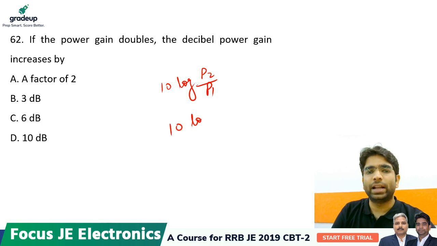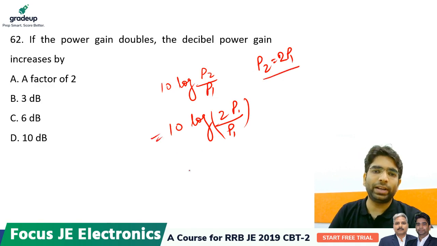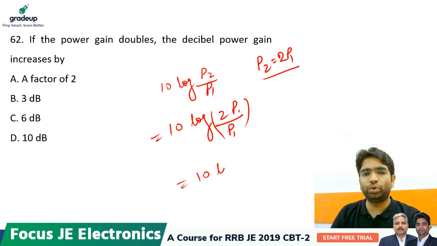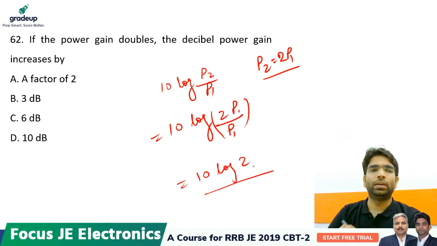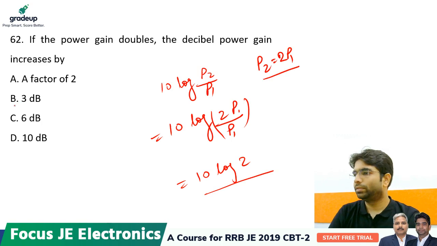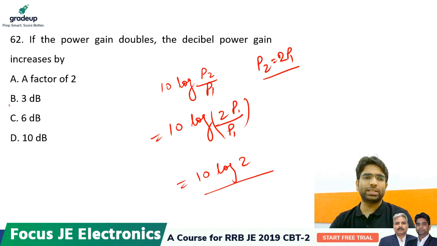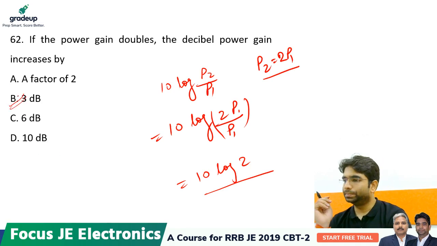The power is doubled, so it will be 2P by P1, P2 being twice P1, so you get 10 log 2. How can you get C as the answer? Wrong. It will be B. 10 log 2 is 0.3.